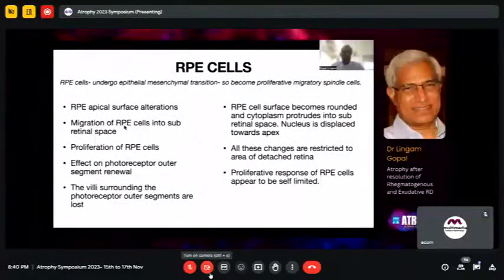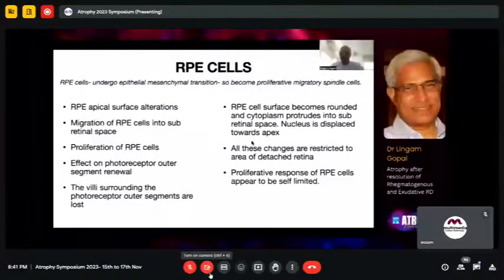There is migration of loose RPE cells into subretinal space in which they proliferate. And there is also effect on the photoreceptor outer segment renewal because it's not in contact with the same. The villi that surround the photoreceptor outer segments are lost, leading to RPE cells becoming rounded. The cytoplasm protrudes into subretinal space and the nucleus is displaced towards the apex of the cell.